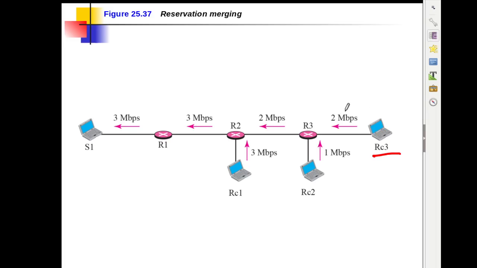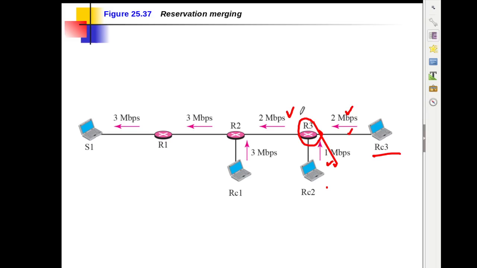It requests 2 Mbps bandwidth, while this RC2 requests 1 Mbps, right? Router 3 actually needs to make a bandwidth reservation, merges the two requests, 2 and 1. The reservation is made for 2 Mbps, the larger of the two, because 2 Mbps input reservation can handle both the requests.